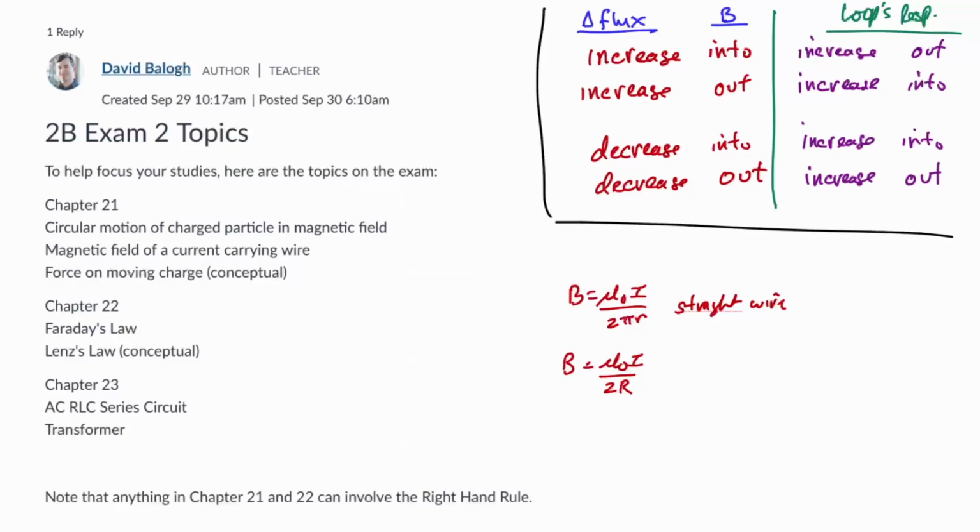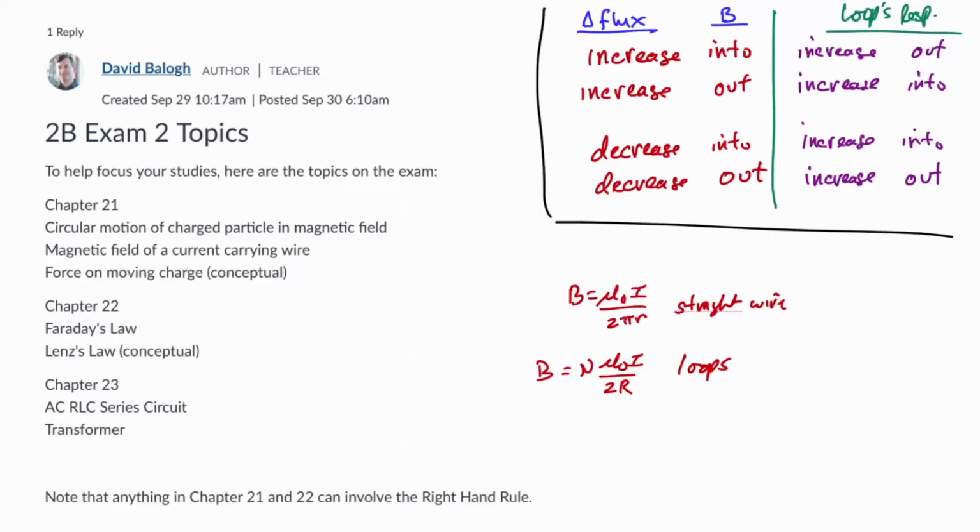So you are correct. We should put number of turns in there. Okay, this is loops. I would have told you if it was the magnetic field of a solenoid. Yeah, that's about it for that one.